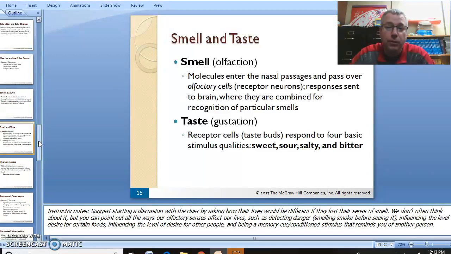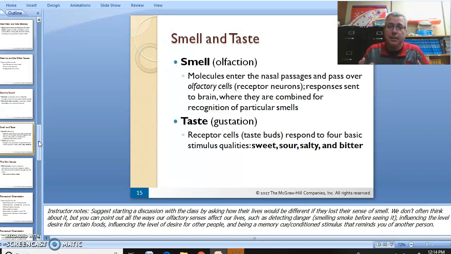It does connect with some neurons in your temporal lobe, which means once you smell something, you tend to never forget it. The olfactory bulbs are way up in here in your skull. On these olfactory bulbs are olfactory cells. When air molecules come up in there, they dissolve in the mucus, which triggers your olfactory cells for transduction.